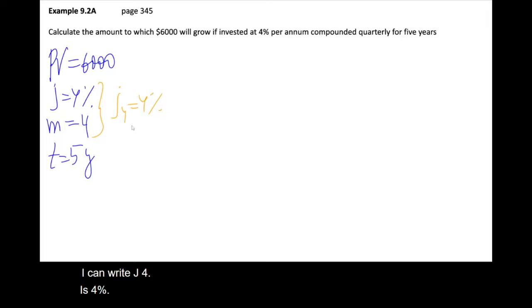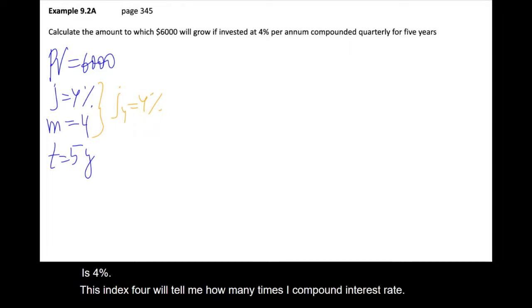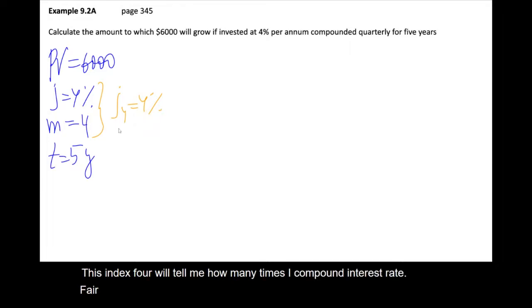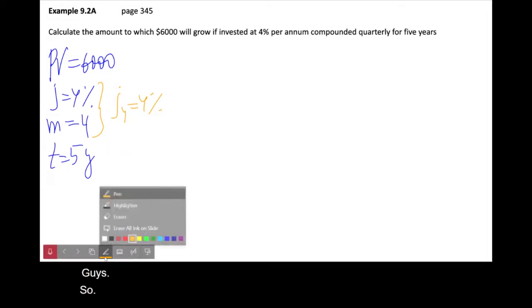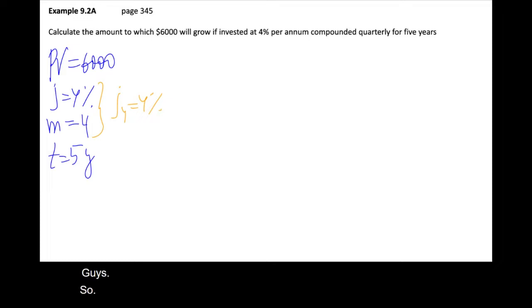This index 4 will tell me how many times I compound interest rate. Fair enough, guys? We'll do it a couple of times so you will have enough time to get used to it.